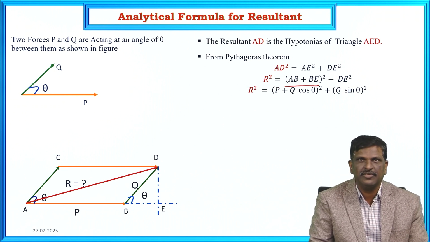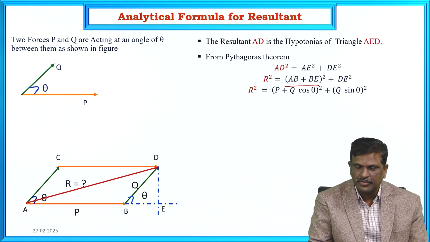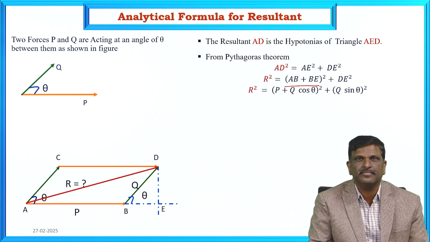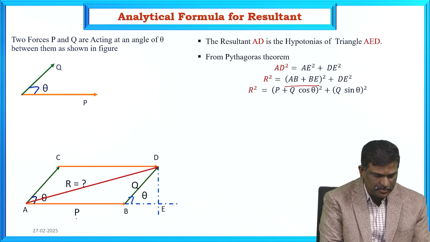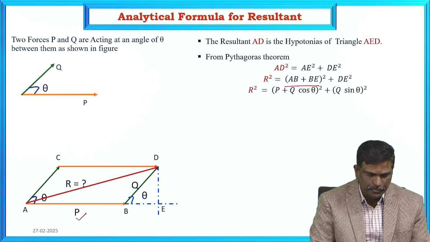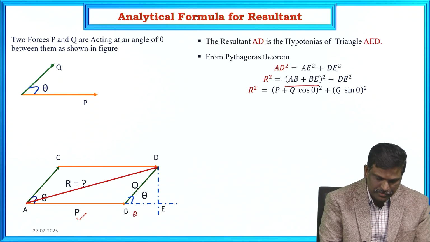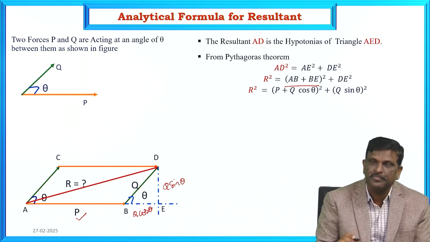R square is equal to P plus Q cos theta whole square plus Q sin theta whole square. AB is P and BE is Q cos theta. This is Q cos theta and this is Q sin theta.